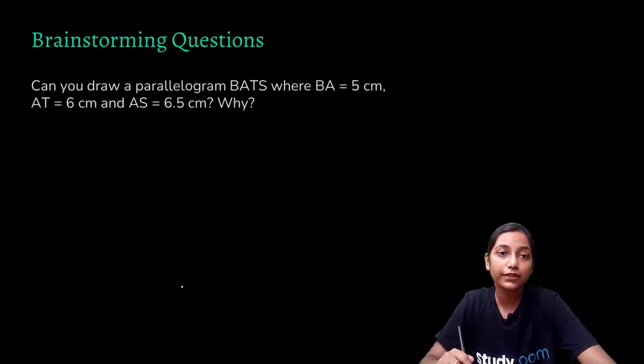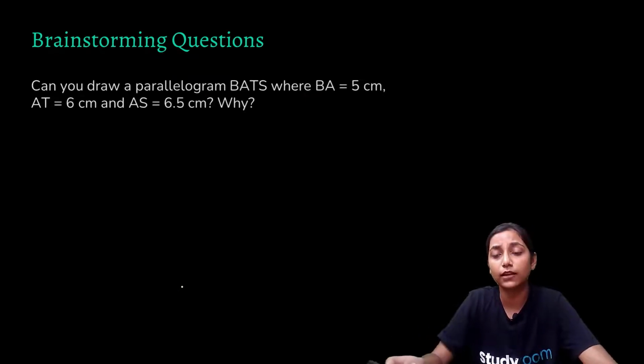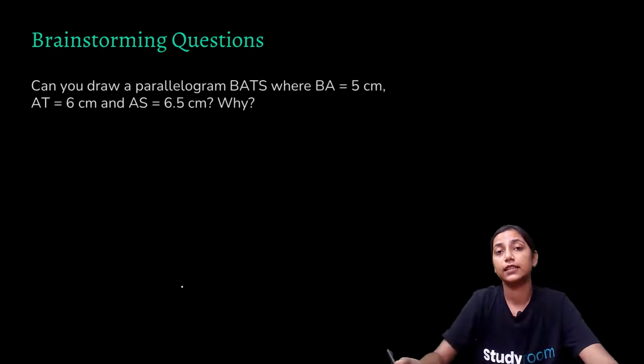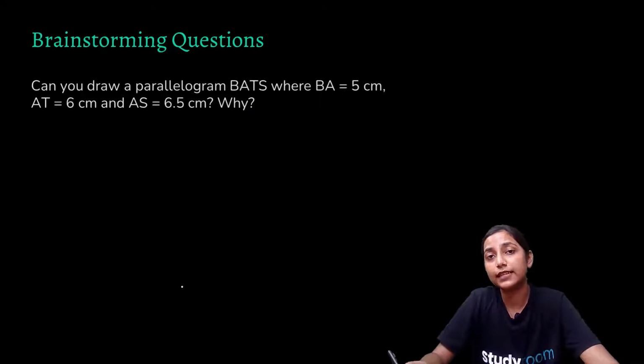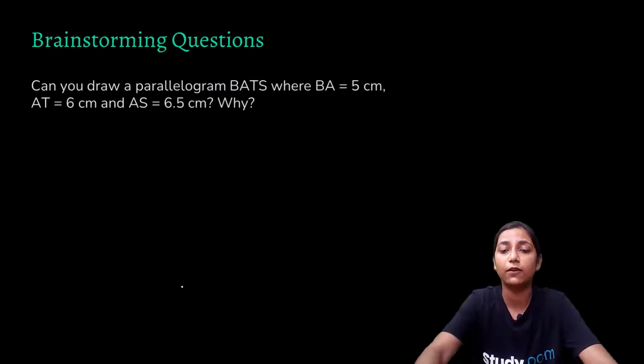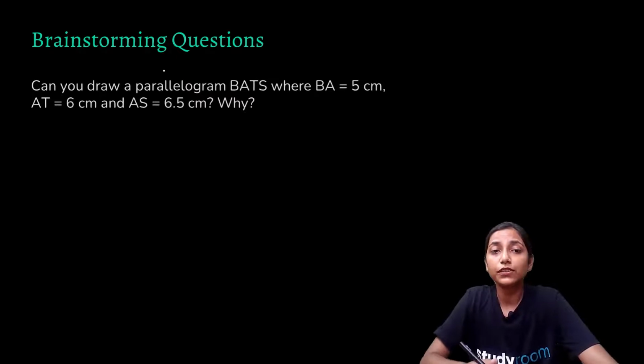Another brainstorming question is: can you draw a parallelogram BATS, where BA is given to be 5 cm, AT is 6 cm, and AS is equal to 6.5 cm? Why? First of all, we need to draw a parallelogram. A parallelogram is also a quadrilateral, right? And we are given how many measurements?